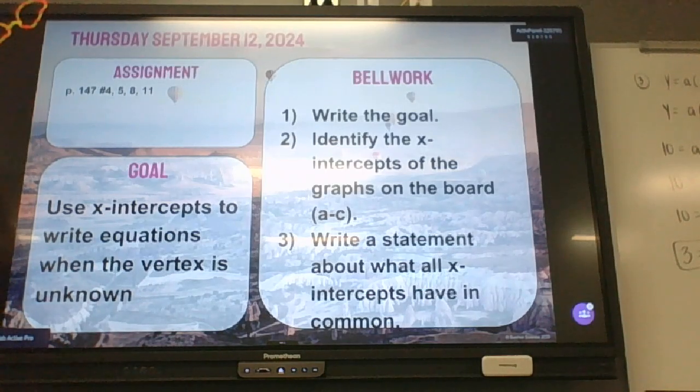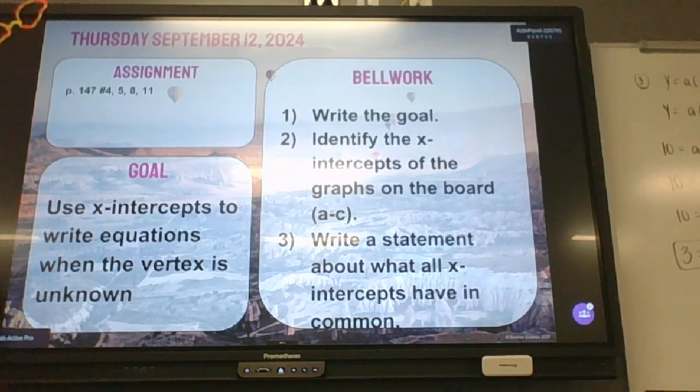Really good. The statement I'm going to write here is similar to what Sophia said. What do they all have in common? I'm going to go with: all x-intercepts are on the x-axis, and that's fine.